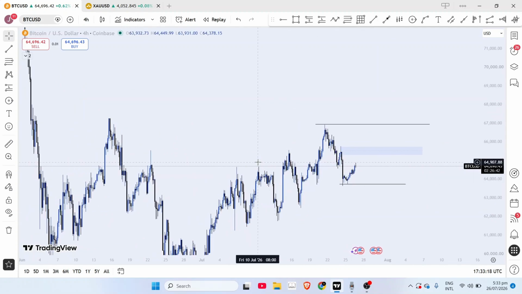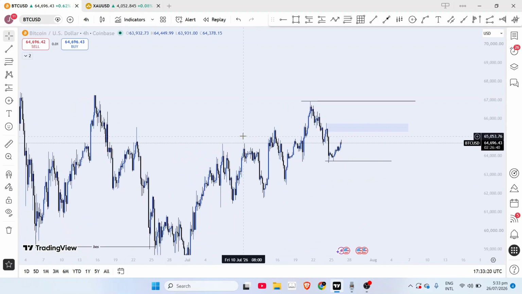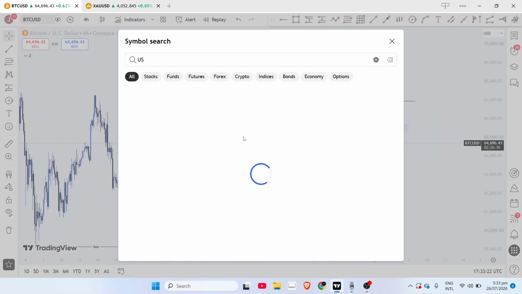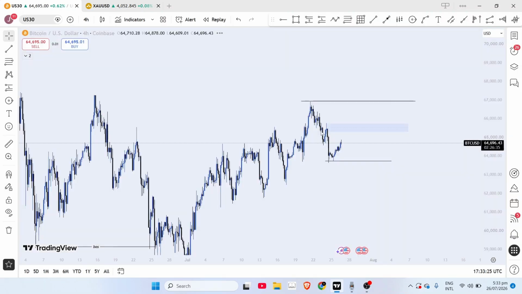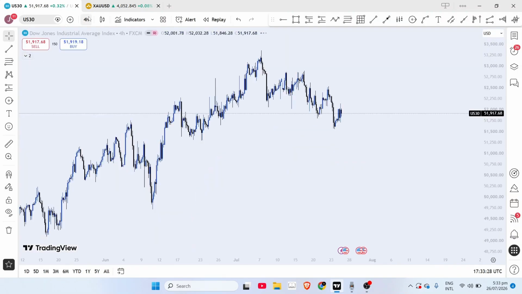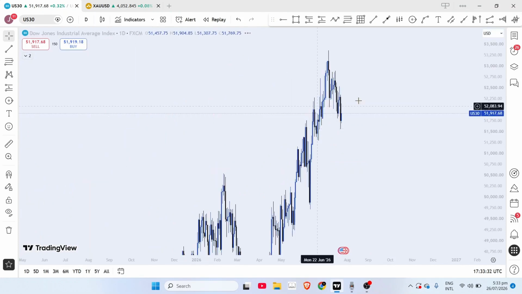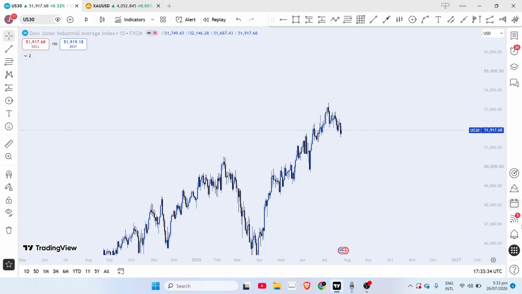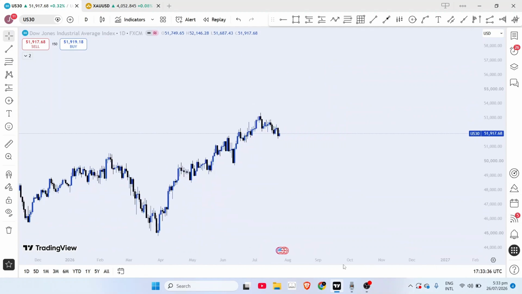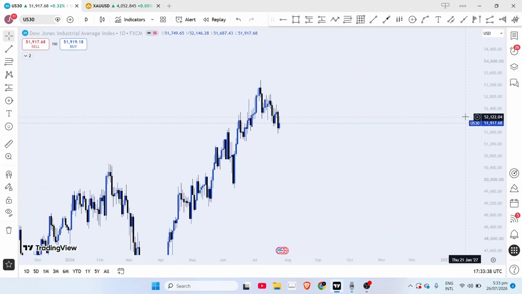So the last pair I'll be watching here is US30. Now on US30, on the daily time frame, we can see this immediate leg is bearish.